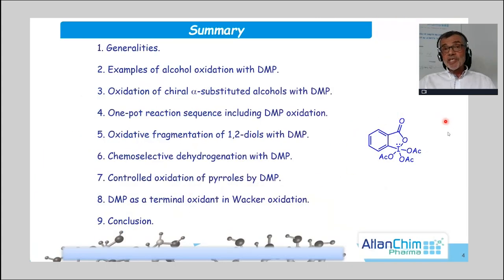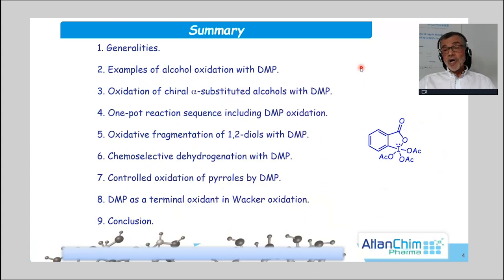Dess-Martin's reagent is widely used to oxidize primary alcohols to aldehydes and secondary alcohols to ketones. But Dess-Martin's reagent can also have unexpected reactivity, and we will be looking at this aspect together this afternoon.